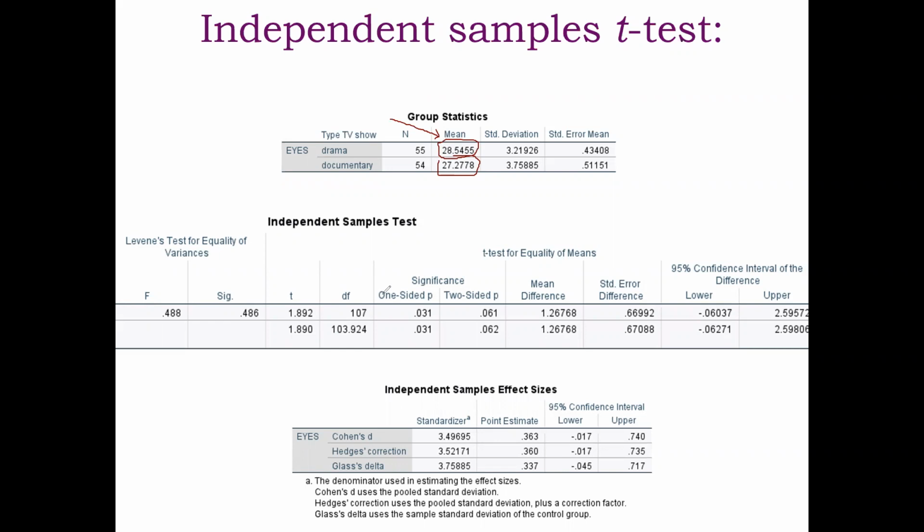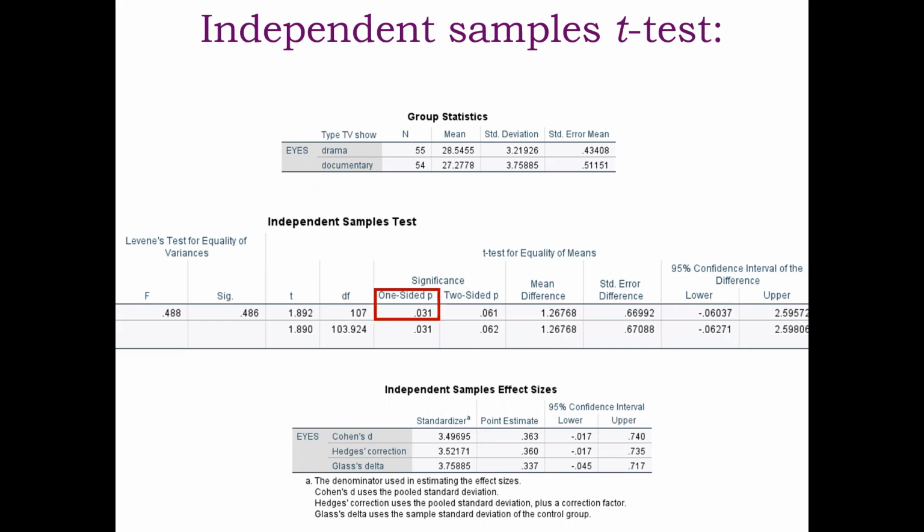Because we were right, we can go and look at the one-sided p-value. It's 0.031. This is less than 0.05, so we can reject the null and conclude that people who watch award-winning dramas will be better at social cognition than those who watch documentaries, at least in the immediate aftermath.